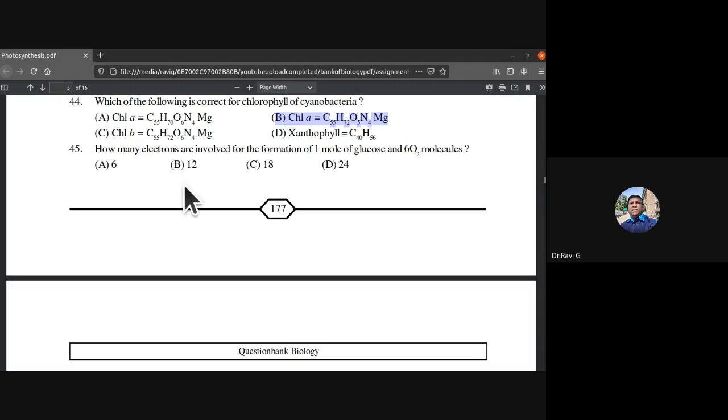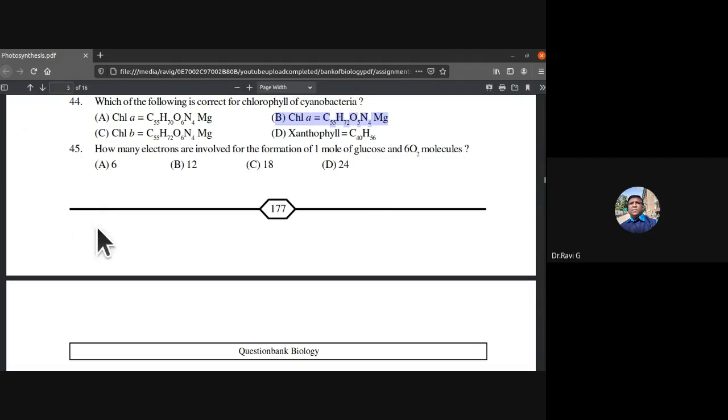How many electrons are involved for the formation of 1 mole of glucose? Now if you look at the electron transport chain in non-cyclic photophosphorylation, for one oxygen molecule to be released, how many electrons are needed? One is needed. So for 6 oxygen molecules, 6 are needed. 6 electrons are required. Similarly, 6 cycles of the Calvin cycle. Okay, so 12 electrons are involved for the formation of 1 mole of glucose and 6 oxygen molecules.